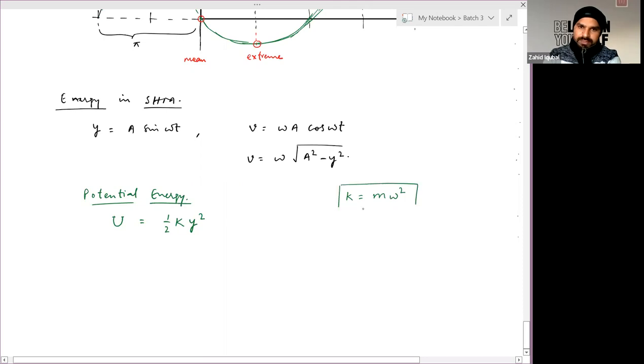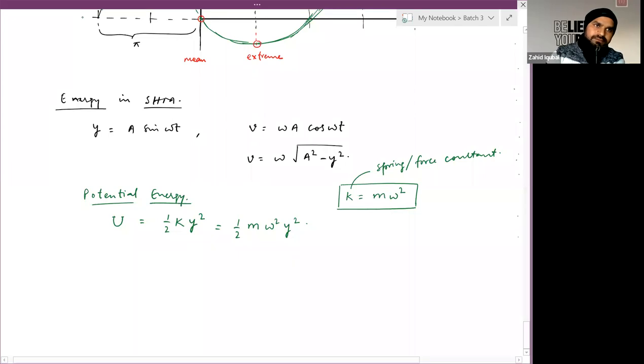I will derive this particular relation in the next part of this chapter. K is the spring or force constant. So you may write this expression as half, in place of k, m omega squared y squared.